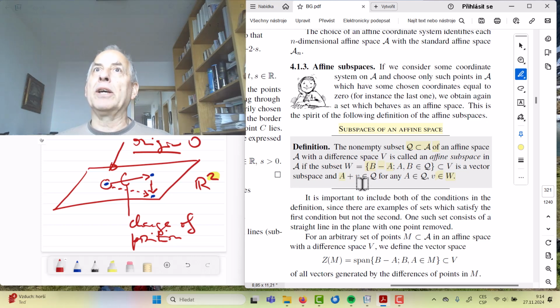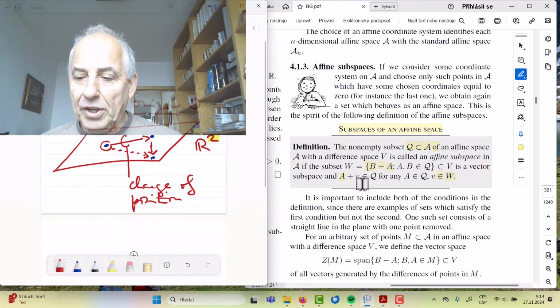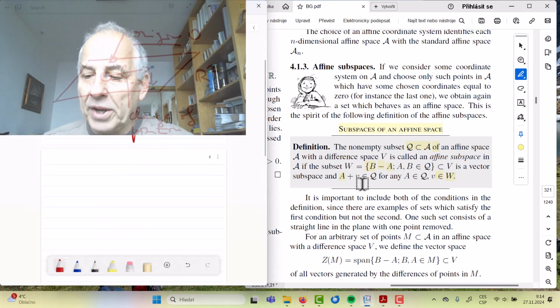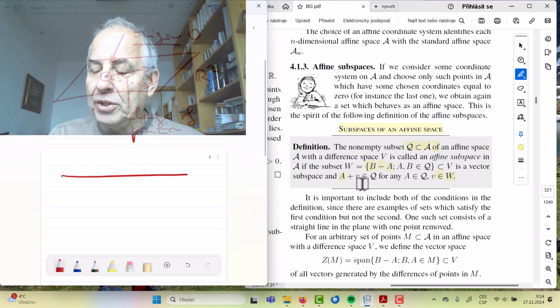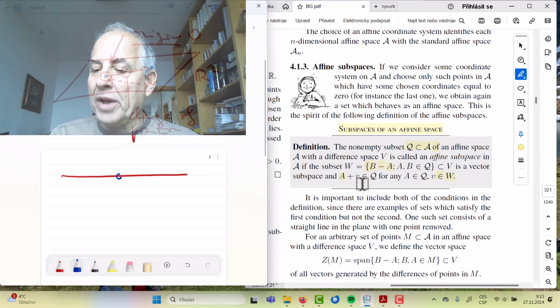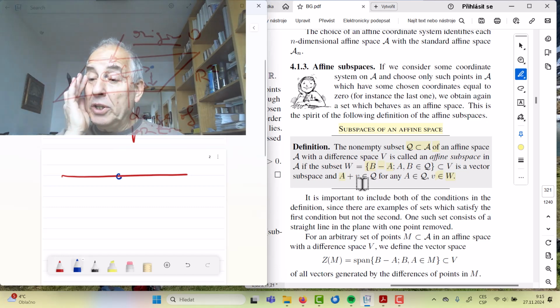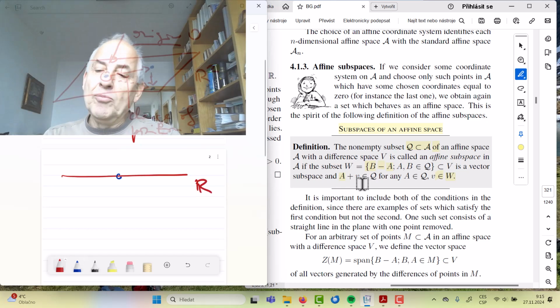So it seems like superfluous, right? But if you just give it a thought, even in dimension 1, imagine I would just take away one point here, right? So I would leave all the R and remove one point.